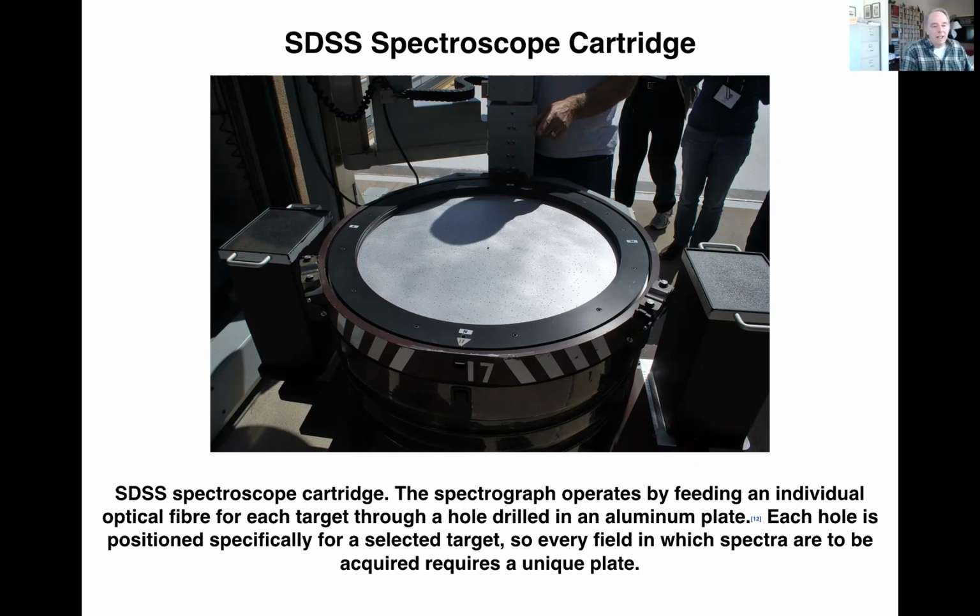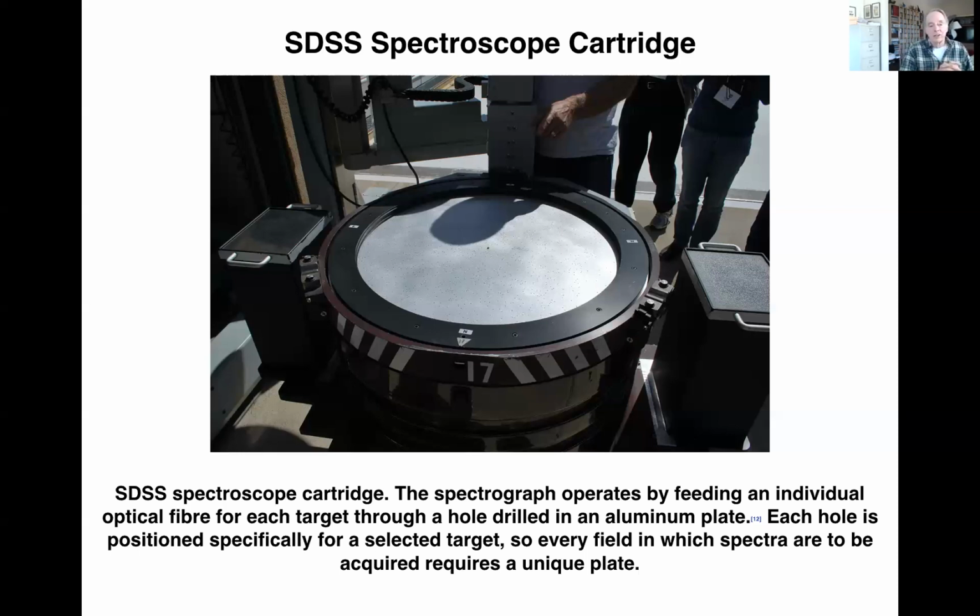Each hole lets the image of a particular galaxy through. That gets light piped to a spectrometer, and it measures the spectrum of these galaxies. Now the spectrum is going to give you the redshift, so it'll tell you at what z, what redshift parameter, these galaxies lie. This has been going on since 2000.